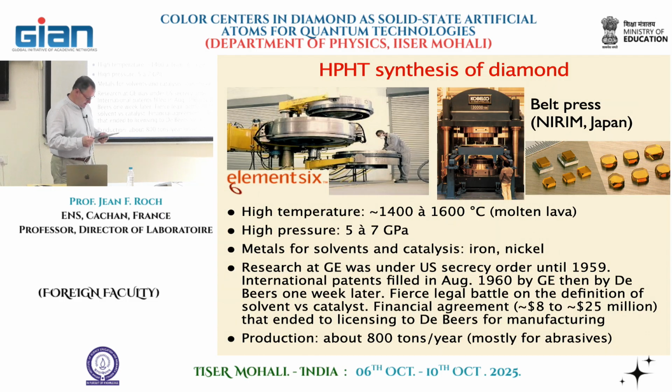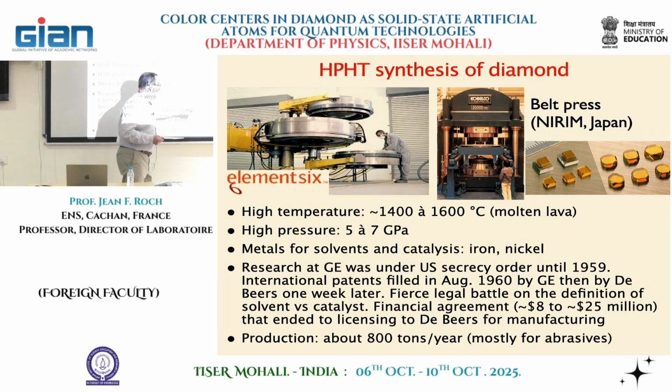What was also important is that the research done at General Electric was under US secrecy. The government funded that research, but said you must keep it secret. After a while, they realized that they had competitors, so they said, no, we should patent it. And then they patented it in August 1960.